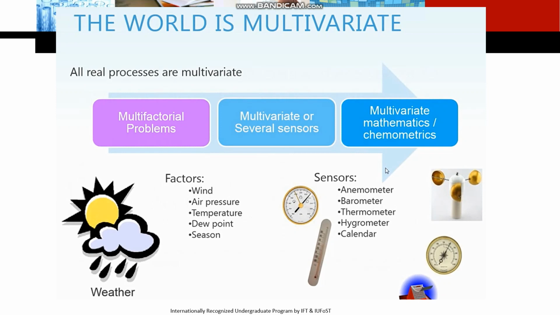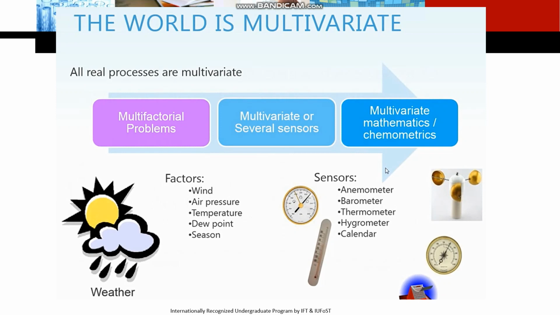In the world, actually, all real processes are multivariate. For example, the weather is also multivariate. You can see that it is not only one factor, but quite a number of factors: the velocity of the wind, air pressure, temperature, dew point, and also season.